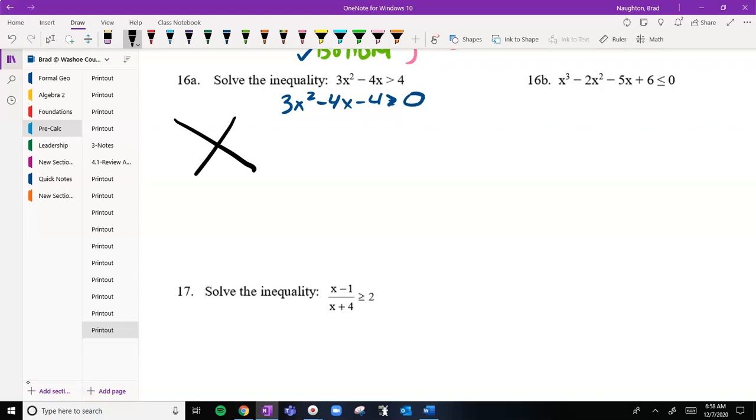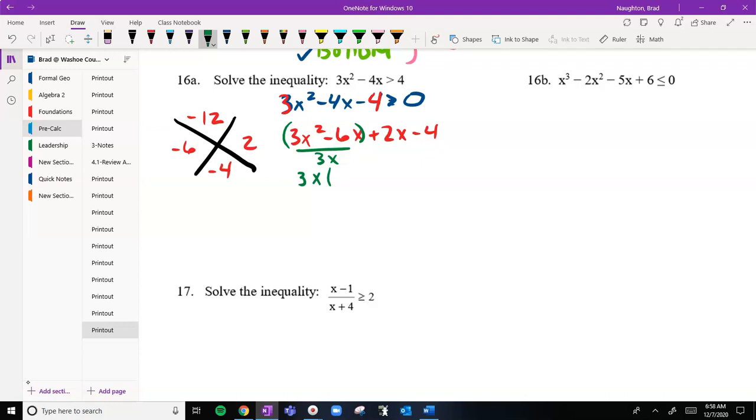So to factor, what numbers are going to multiply to 3 times negative 4, that's a negative 12, and add to a negative 4? That's 6 and 2, the 6 being negative. So 3x squared minus 6x plus 2x minus 4. We're going to factor this by grouping, which means I factor the first 2, taking out a GCF, which is a 3x.